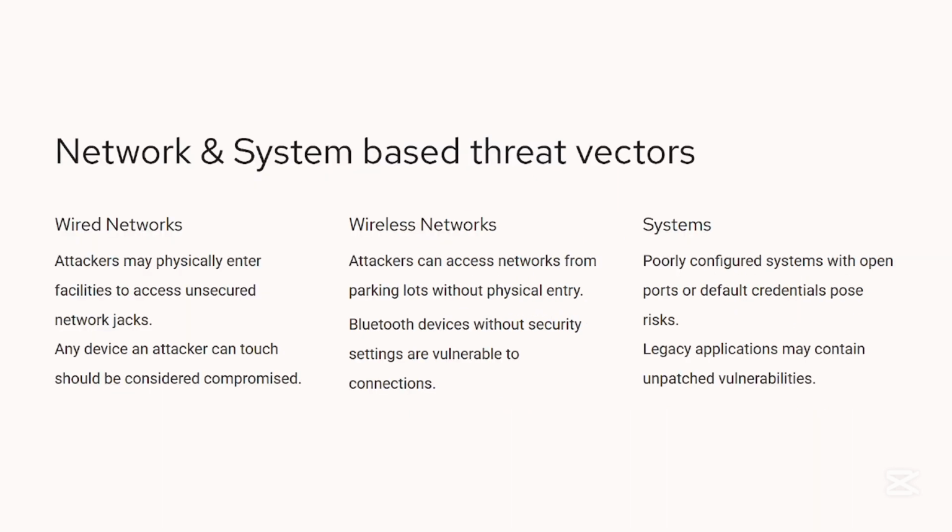So next, we can look at network and system-based threat vectors. When we look at wired networks, some attackers may actually be bold enough to physically enter the facilities to access unsecured network jacks, which gives them access to our network and system.